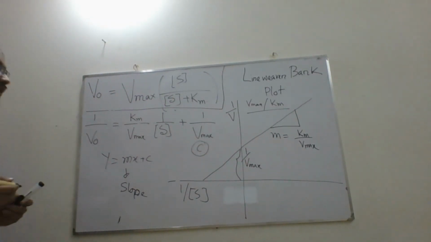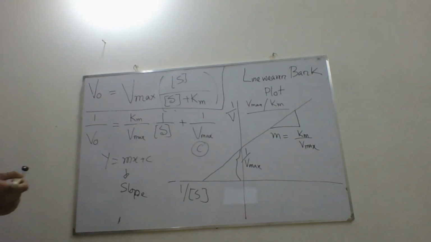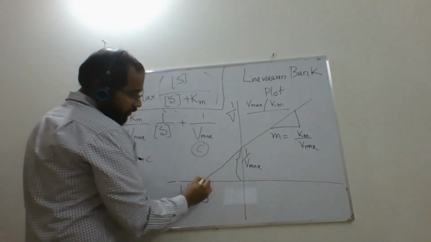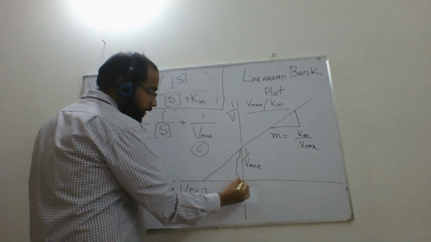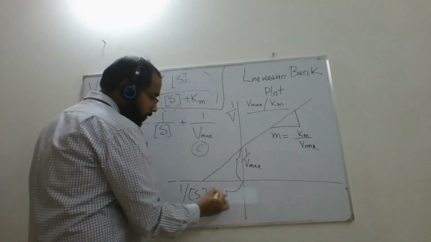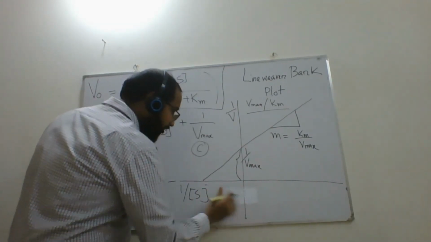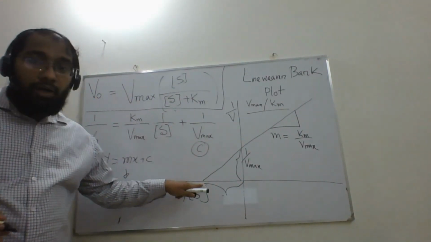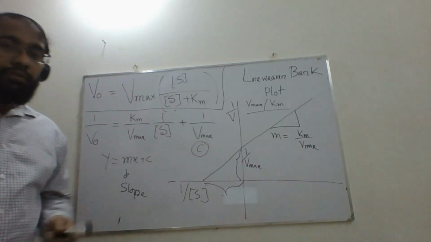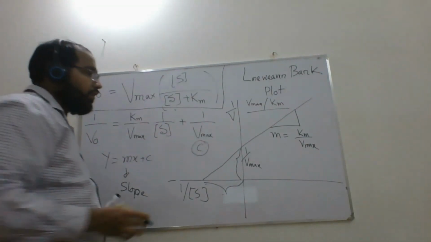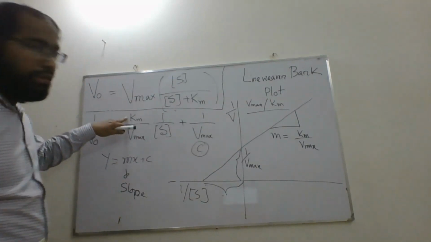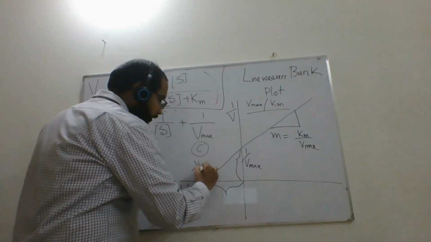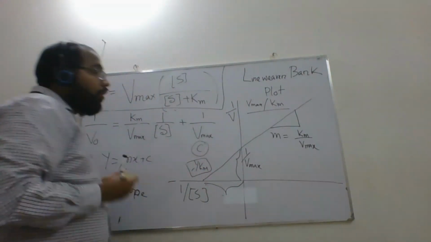And also the part which is cut from the x axis, like that, this part also gives you another piece of information, that it is minus 1 by km.